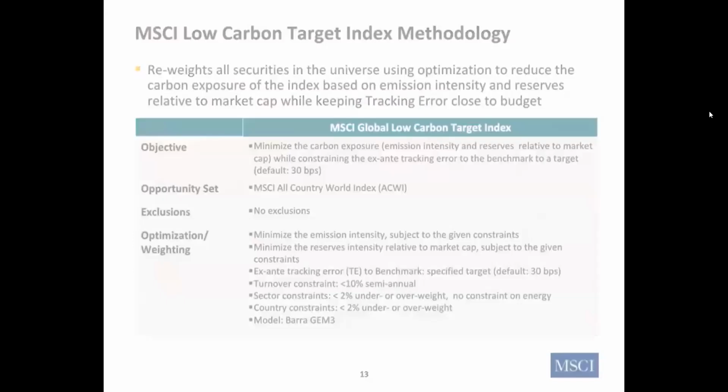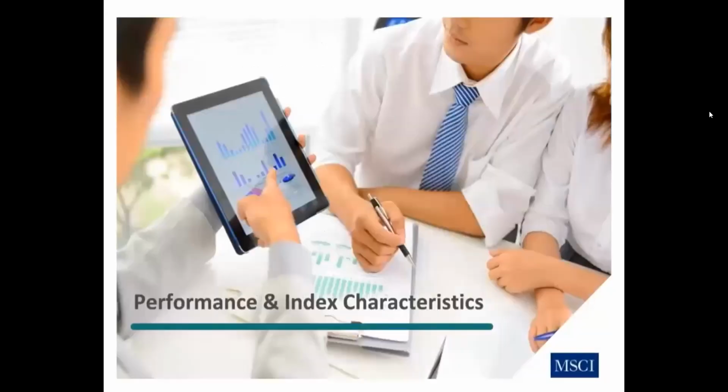Let's now take a look at performance and see if the index methodology indeed reduces carbon exposure while keeping other index characteristics close to that of the parent broad market index. To do this, let's take a look at one index within the Low Carbon Target Index family, the MSCI ACWI Low Carbon Target Index. This particular index is based on MSCI's flagship global benchmark, the MSCI ACWI, and reflects lower carbon exposure across 23 developed and 23 emerging markets.